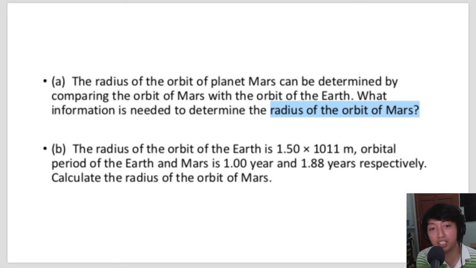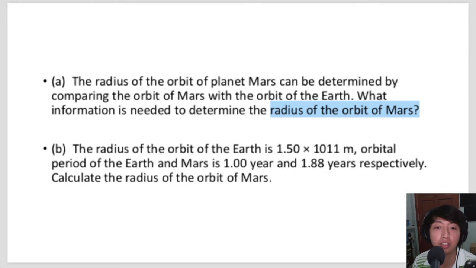All right, second question. Now the second question is, we're going to do some calculations. The question is, the radius of the Earth is 1.5 times 1,100 m. Hey, is that correct? I think that's incorrect. Sorry.